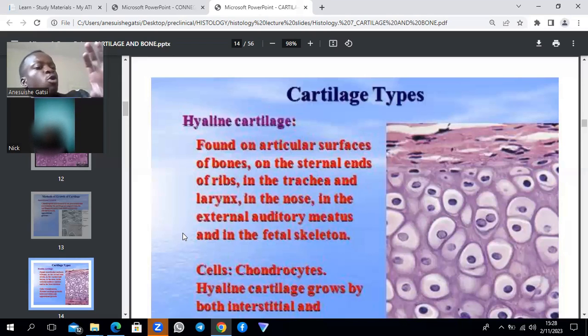Those are the joints that you call atypical synovial joints. For example, the sternoclavicular joint and the acromioclavicular joint. Their articular surfaces are fibrocartilage, but they're synovial in nature. That makes them atypical.